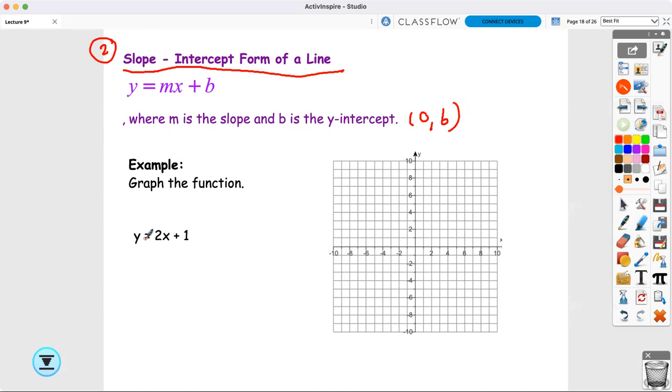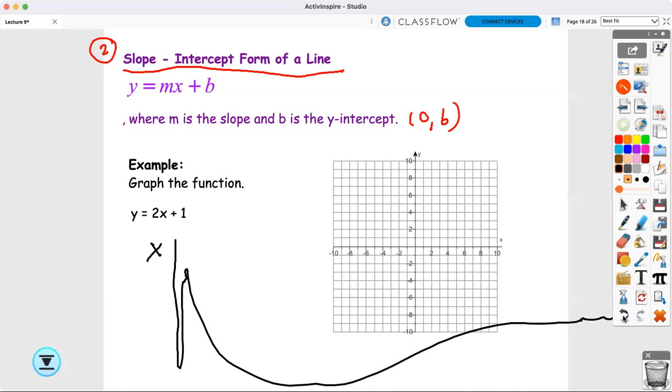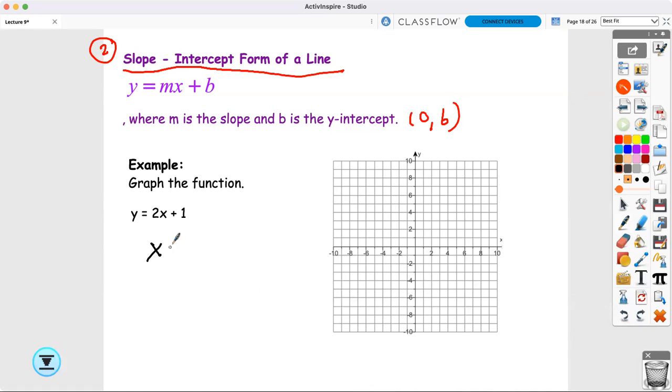And then we're going to graph this equation. We are going to make a table like we did in the other examples. So it's an x column and a y column, and we're going to do x is 0, 1, and 2.